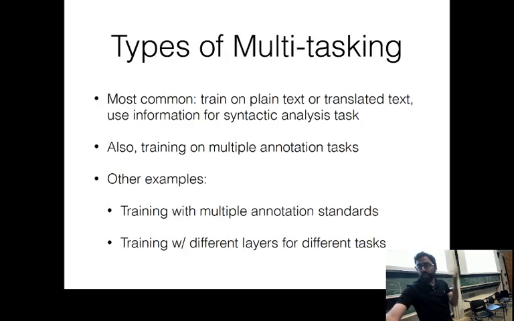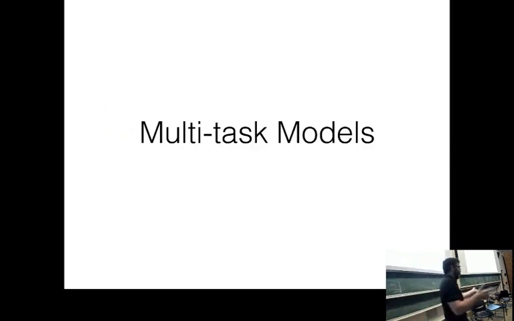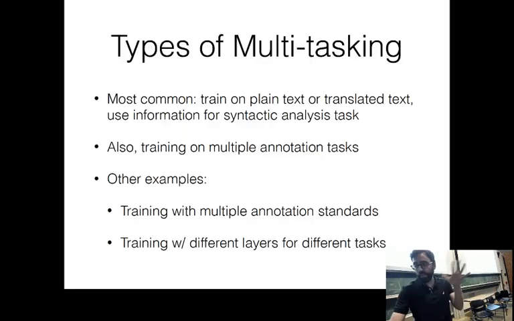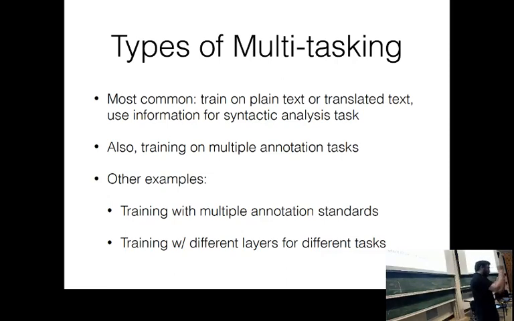Okay, so in general, there are other types of multitask models that occur. In structured prediction, the most common is doing pre-training on lots of plain text or translated text, and using this information for syntactic analysis tasks.